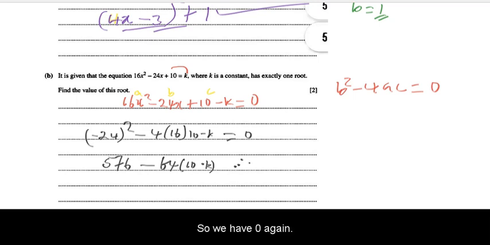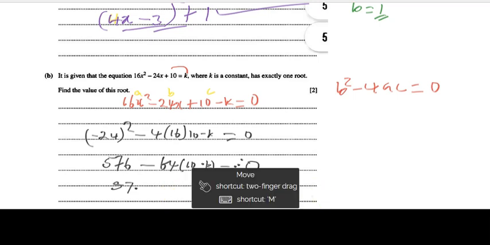So we have 0. Again, now we can look at 10 by 64. So we are going to have 576.